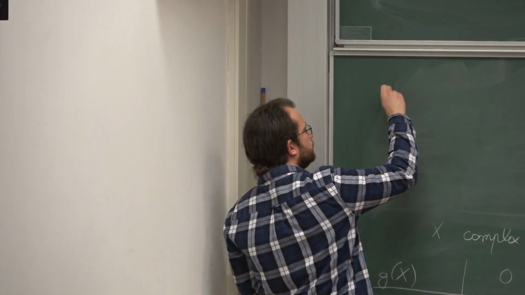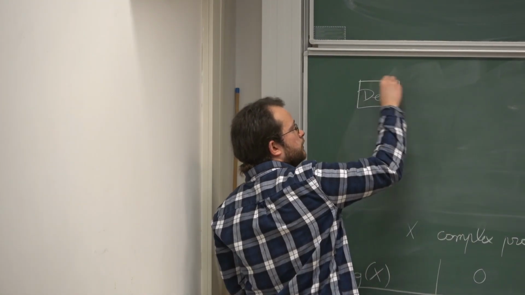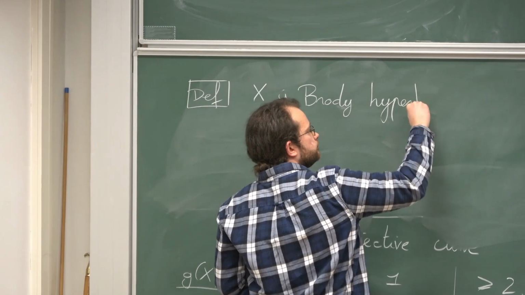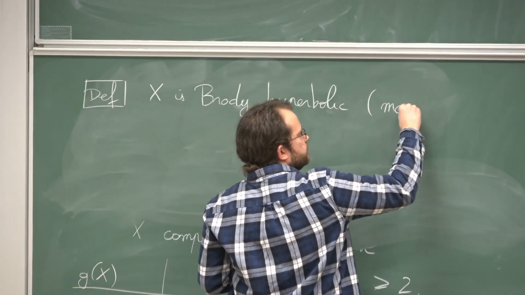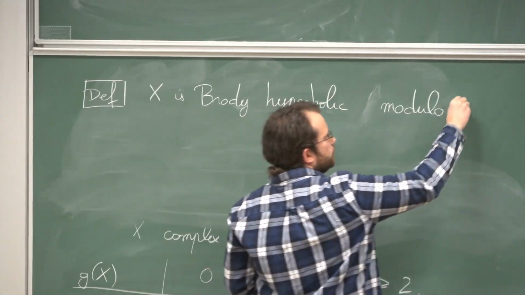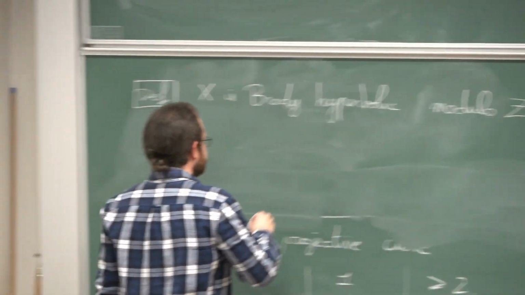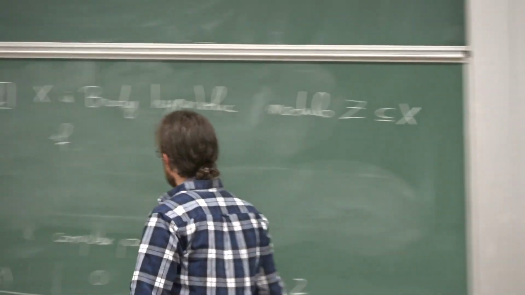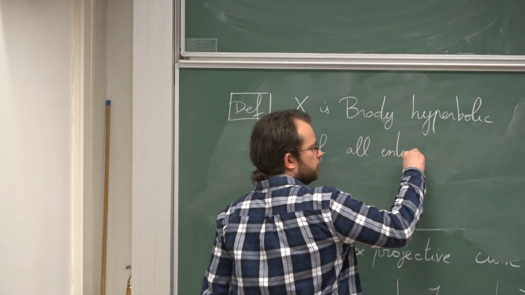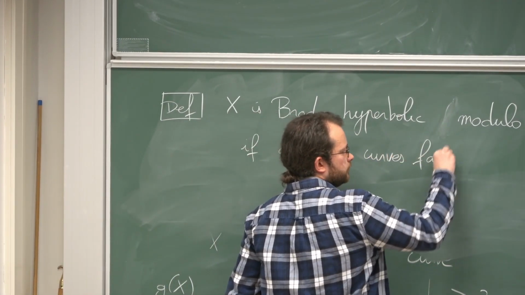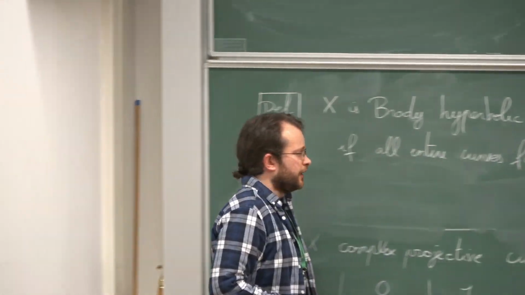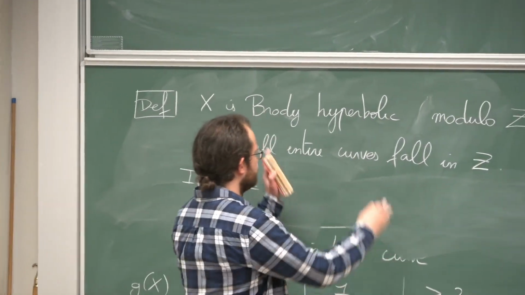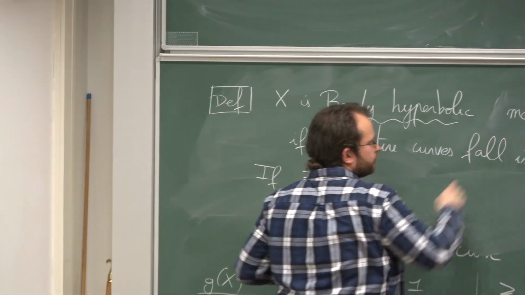So we say that the complex manifold X is broadly hyperbolic, possibly modulo Z inside X, if it satisfies this property with respect to Z. So if all entire curves fall inside Z. And if Z is empty, so there are no entire curves, we simply say that X is broadly hyperbolic without dropping the modulo.